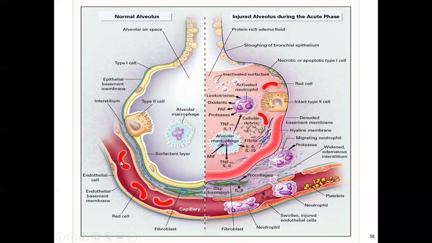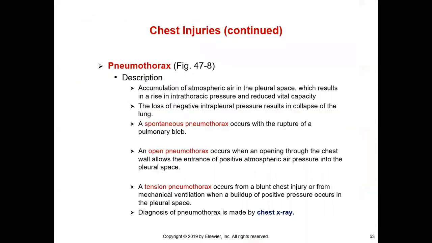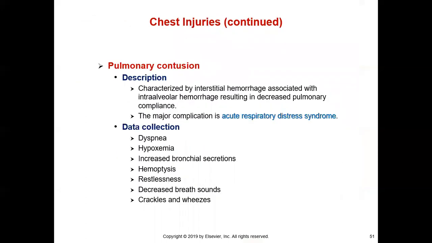This red blood cell carries oxygen and carbon dioxide, and oxygen we get in alveoli from air. So the interstitium and lining epithelium help to exchange oxygen and carbon dioxide.